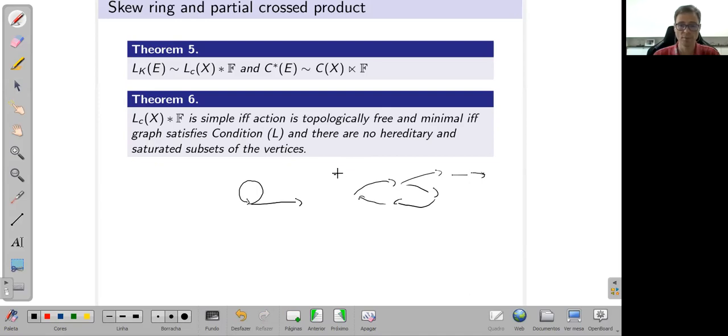Hereditary says, for example, if a vertex is in this set, and there is an edge coming out, then the range is also in that set. I find this a very nice result because you're really connecting things. You just look at the graph, and from its combinatorial structure you derive properties of the algebra and dynamical properties. So it connects everything.